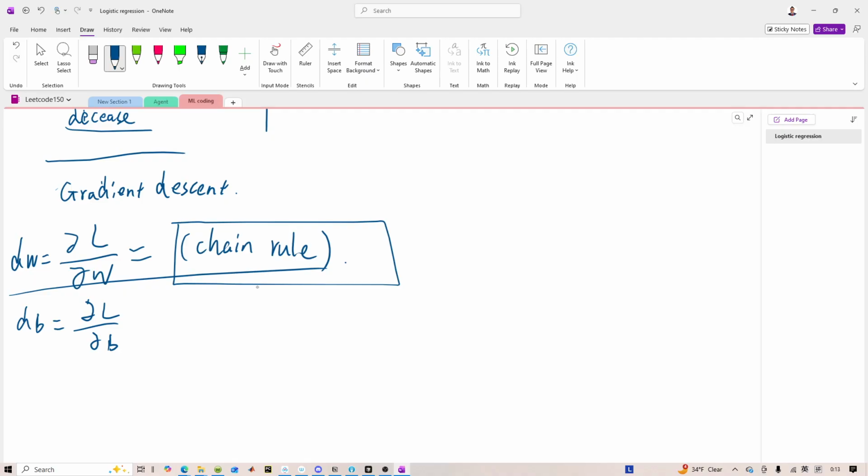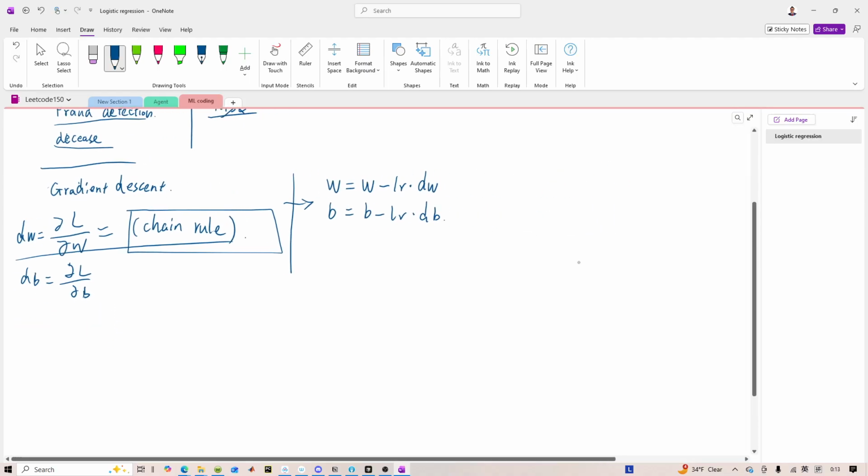Once the gradient is derived, you could use gradient descent to update your weights, which is your weight minus the learning rate times the gradient, and b is equal to b minus lr times dB.